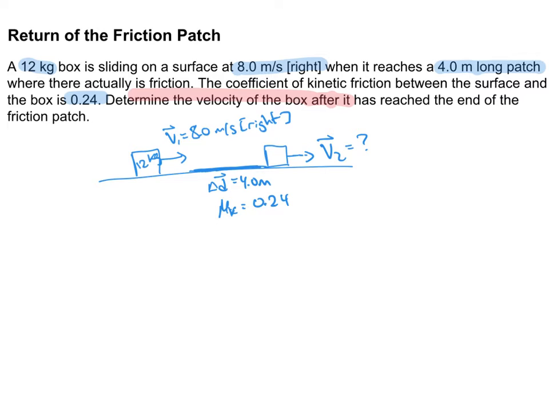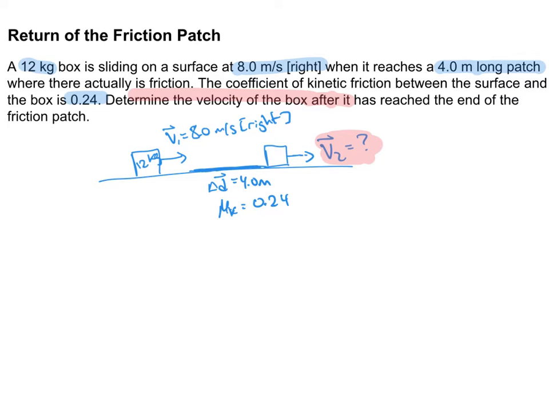Okay, so how can I find the final velocity? That seems like a kinematics thing. It seems like I want to use one of the big 5 equations to get that.